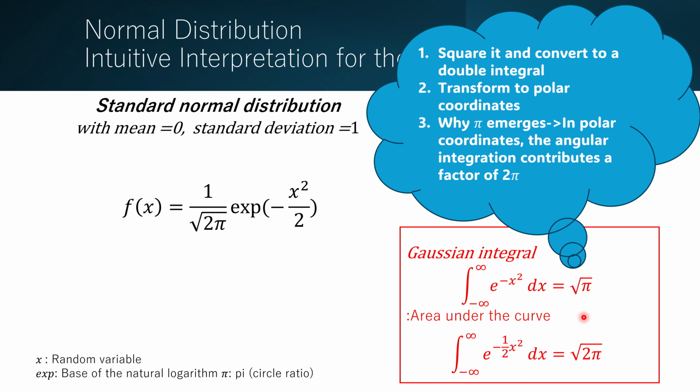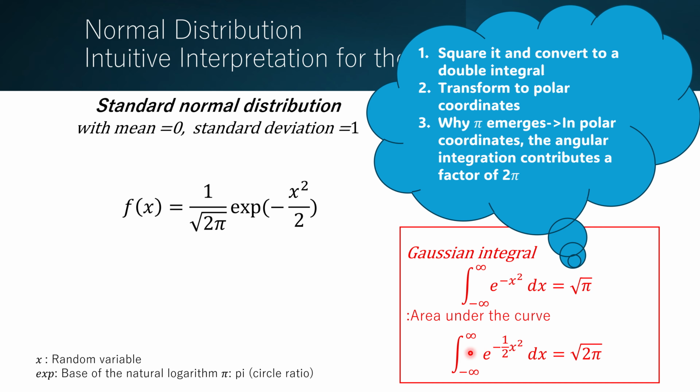And why does pi emerge when we solve the Gaussian integral? A brief explanation is here. The key point is to transform to polar coordinates. In polar coordinates, the angular integral contributes a factor of 2 pi.